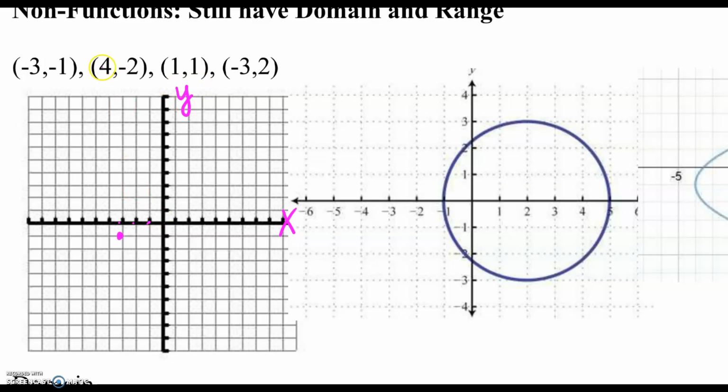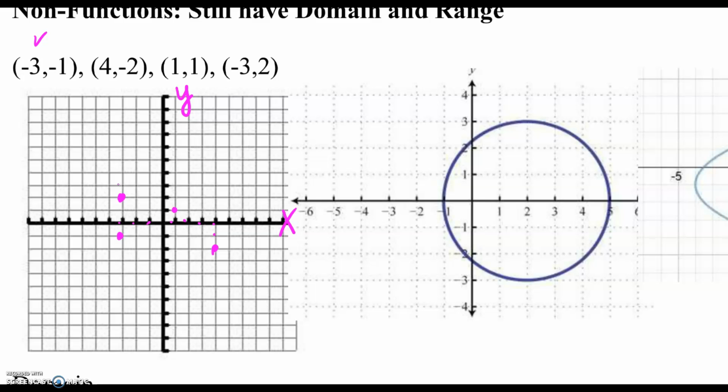Then I go to +4 and -2. Then I'm at +1 for x and +1 for y.